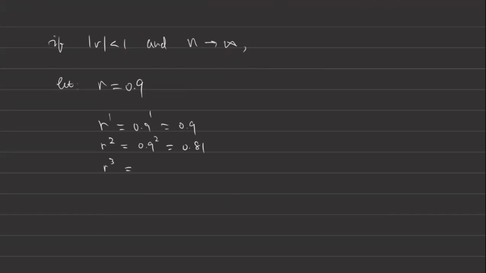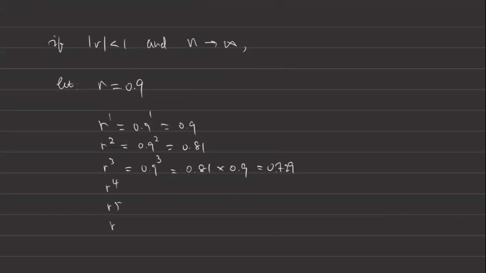So r cubed is 0.9 to the power of 3, and you can just take 0.81 multiplied by 0.9, which gives you 0.729. So now you guys get the idea, right? As this number goes up, right?